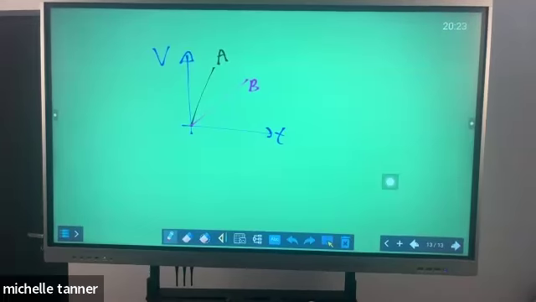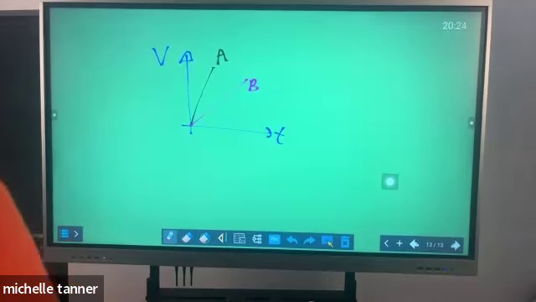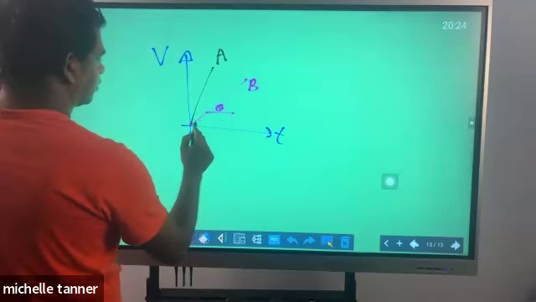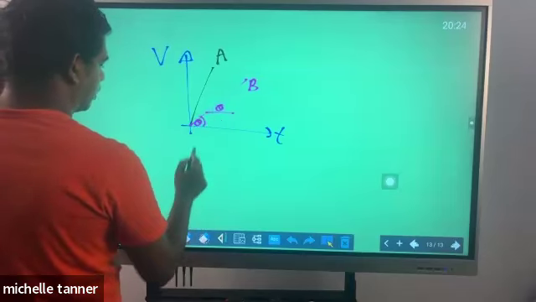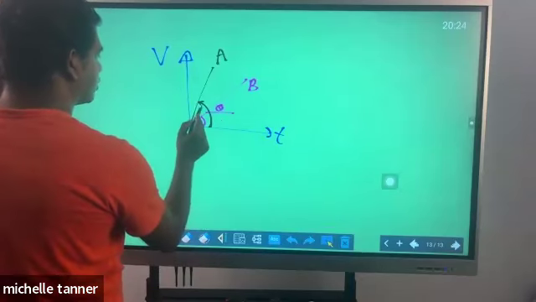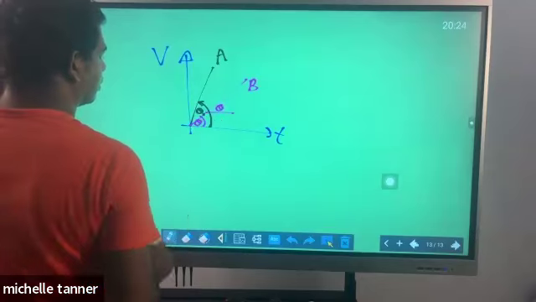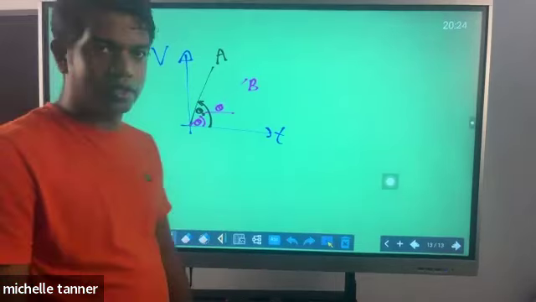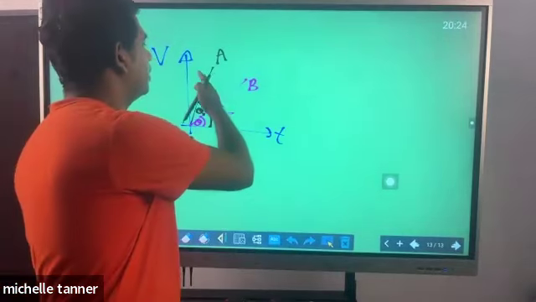Which has the higher gradient, A or B? A, because in the B graph the angle is this one, but for graph A the angle is this one. Graph A has a higher angle with the horizontal. Therefore, the gradient is higher in A than B.